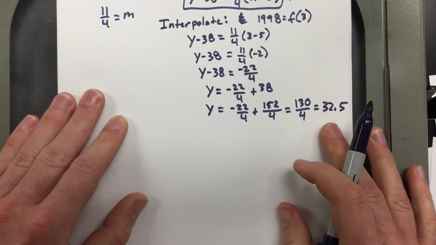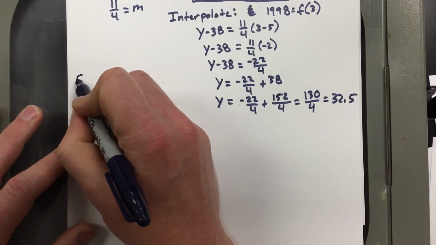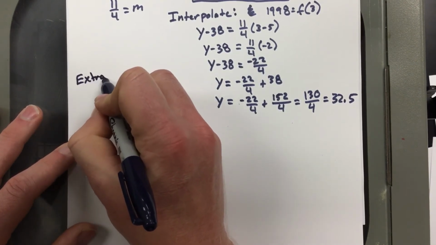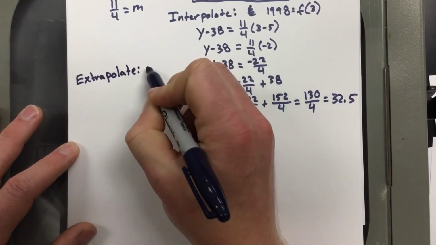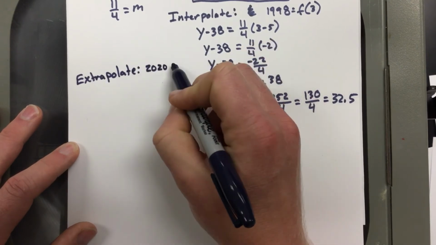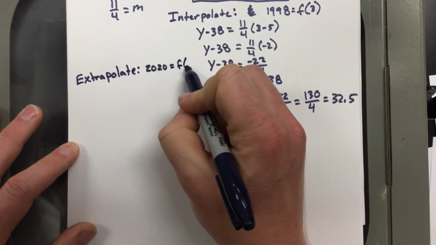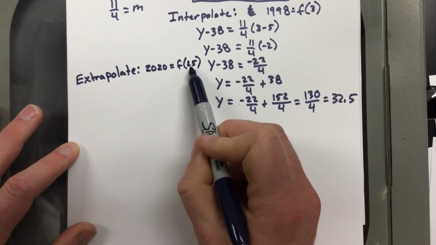Now let's say we extrapolate. I'm going to extrapolate for 2020, which would be f of 25. So I'm going to plug in 25 for x.